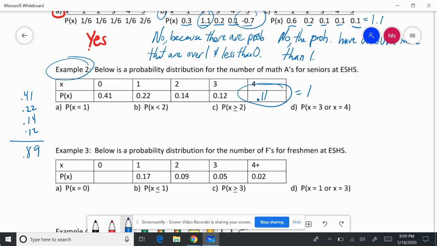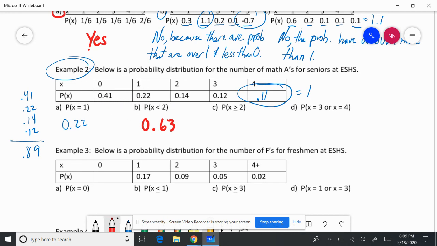Now we're going to be answering the questions. What's the probability that it's equal to 1? 0.22. What's the probability that it's less than 2? Well, if it's less than 2, that means that we include both of those. Those are both less than 2. So that would be 0.63. And for the next one, it says greater than or equal to 2.